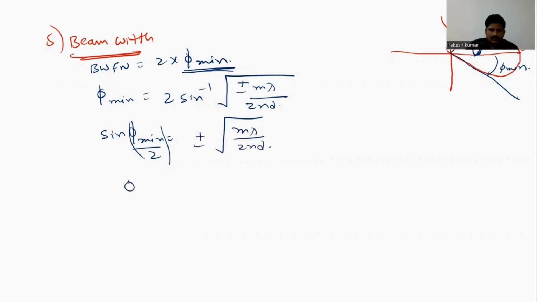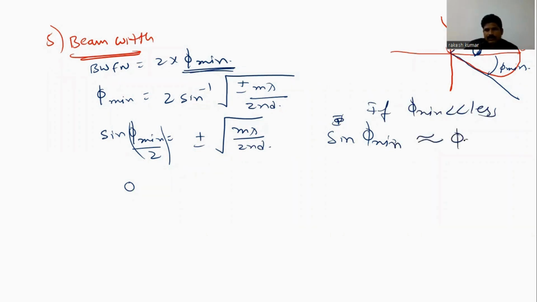Since phi minimum is very, very small, sine of phi minimum by 2 is equal to phi minimum by 2.